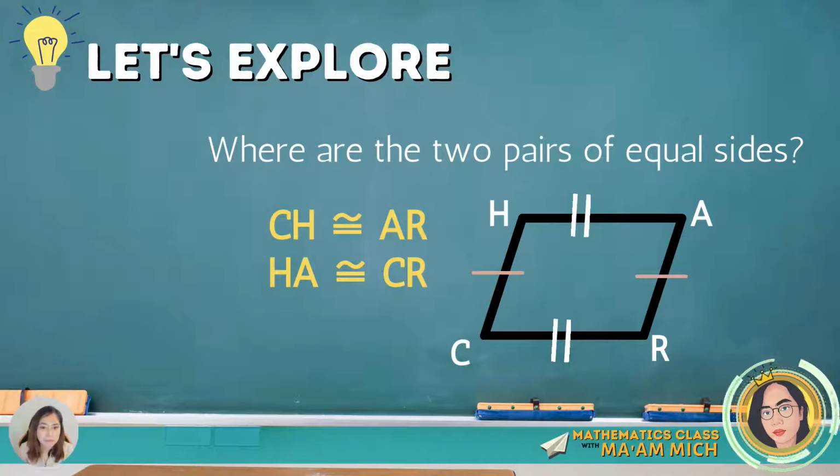Ma'am, bakit may isa? Bakit may dalawa? So, this means kapag isa lang, this is the first pair of equal side. And then kapag dalawa, this is the second pair of equal side. Okay.